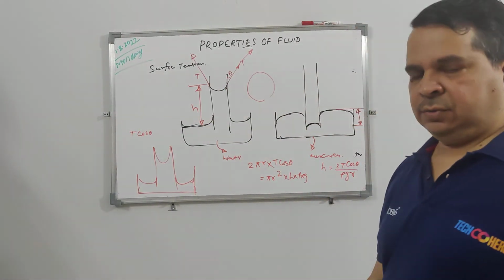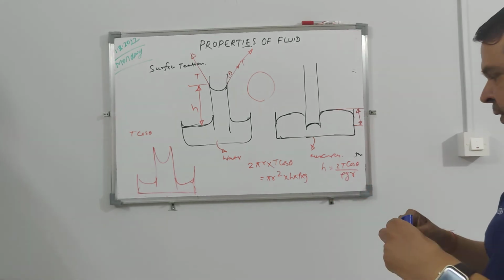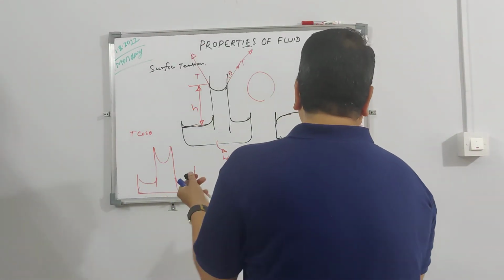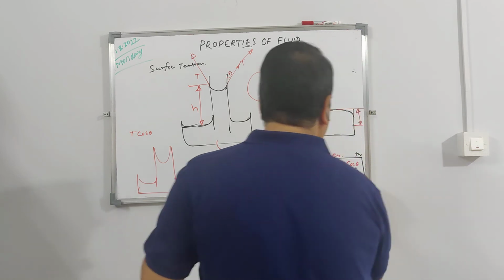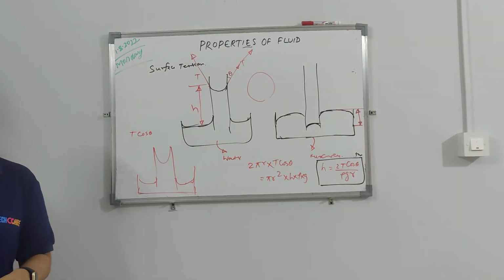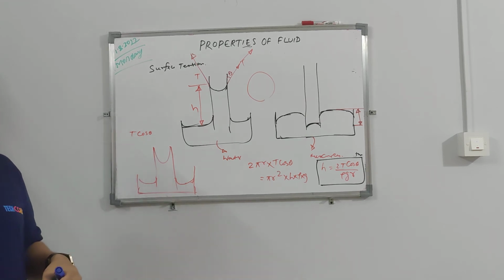So it is 2 pi r into T cos theta. So your capillary rise H is equal to 2T cos theta divided by rho g r.